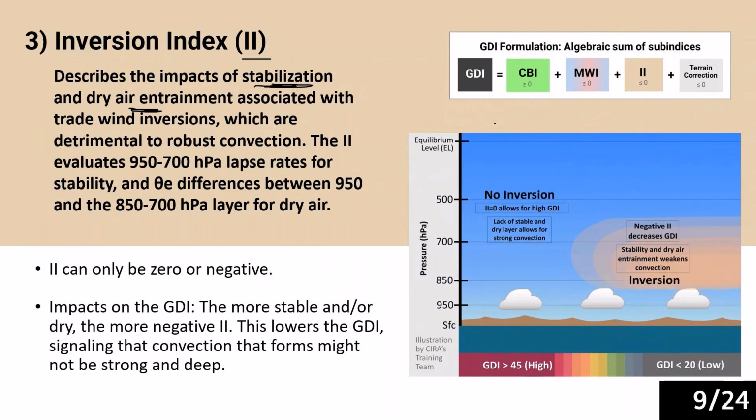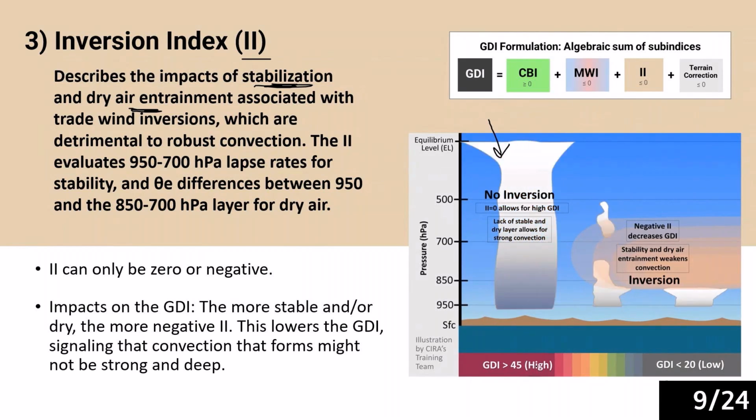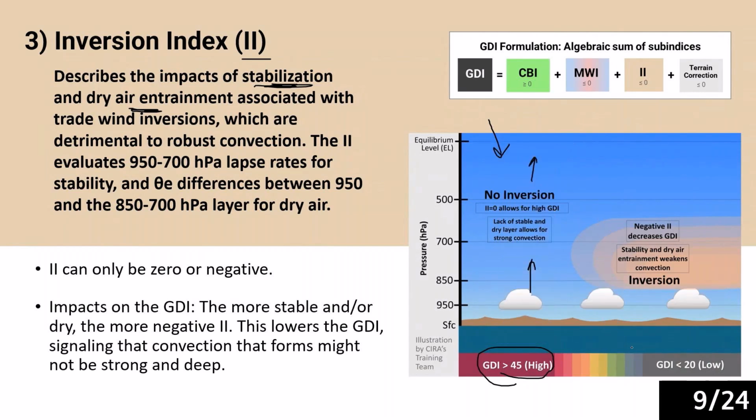So if you look at the image here on the right, if you have no inversion, we're still assuming that the CBI is high, right? So the GDI is also high, say it's 45. So you get cells growing into the entire troposphere. But if you have a strong inversion, you will see that the cells try to grow and they cannot grow. So they start expanding horizontally.